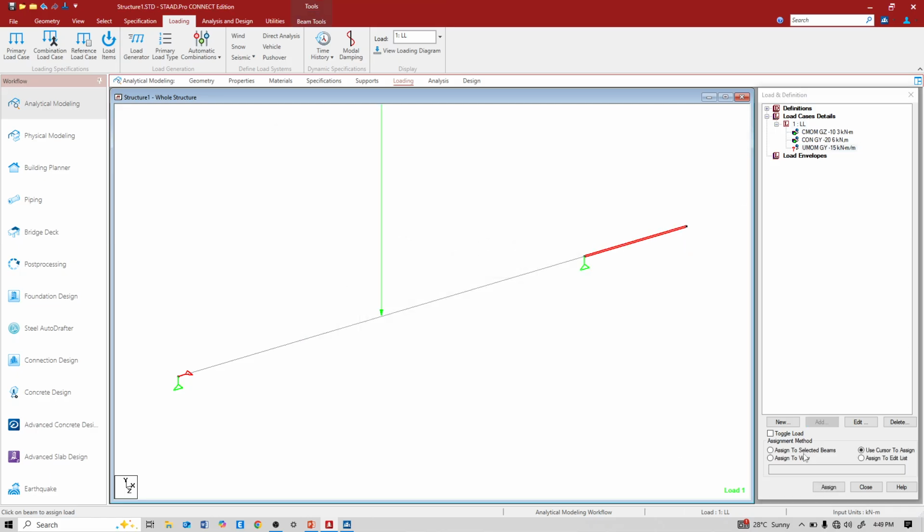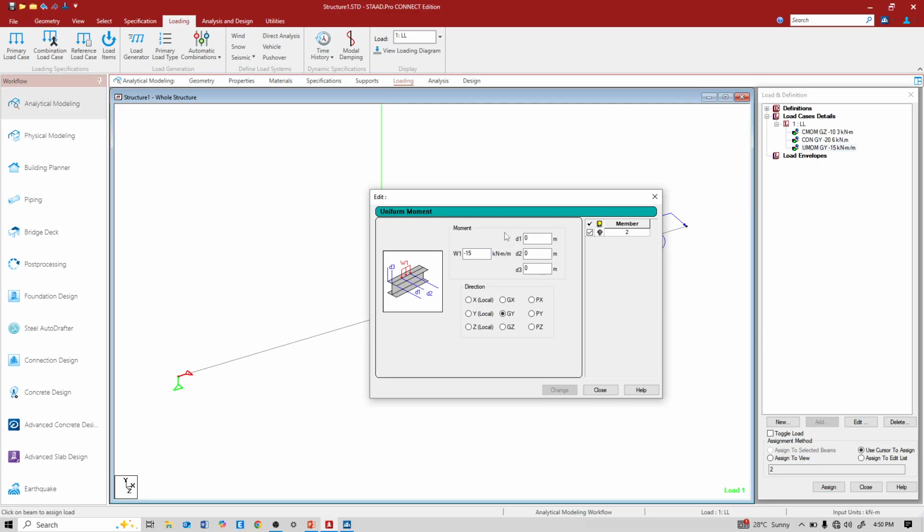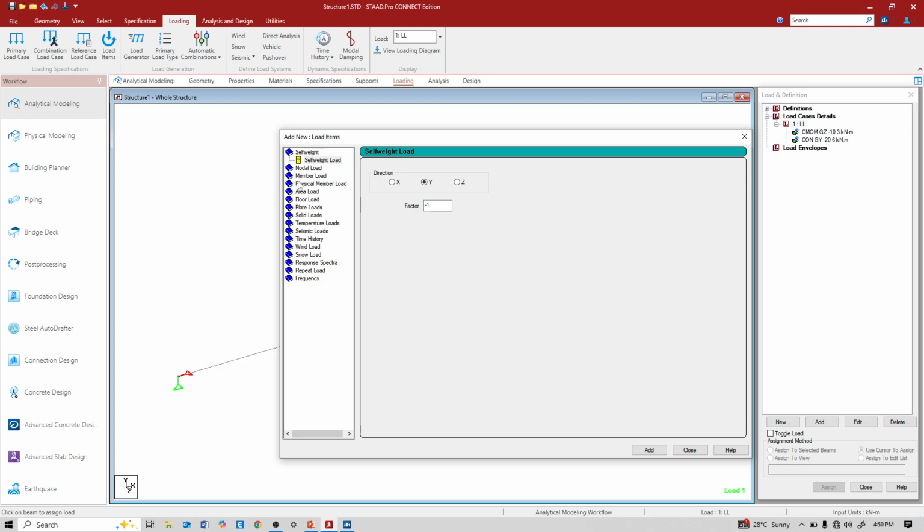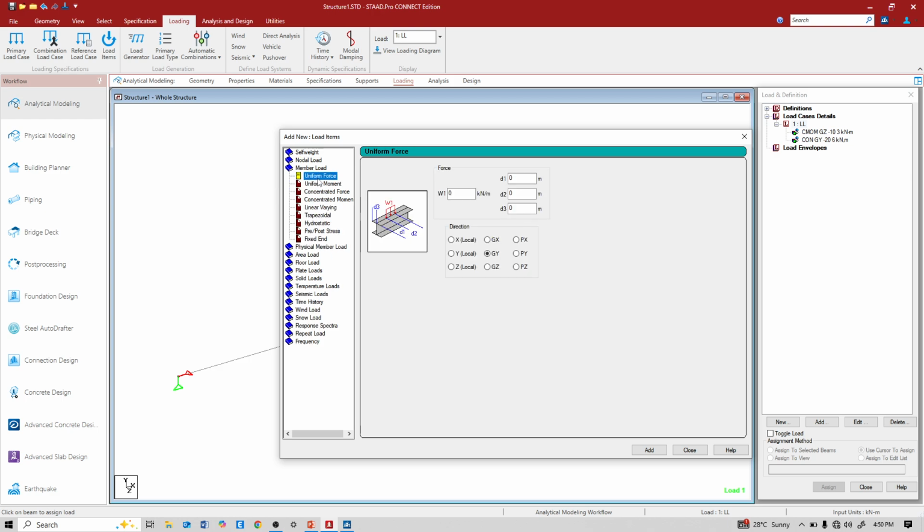Select this beam, assign to selected beam, assign, yes. See, by mistake we had used this uniform moment. So not uniform moment, uniformly distributed force. See this uniform force, minus 15, Y, add close.